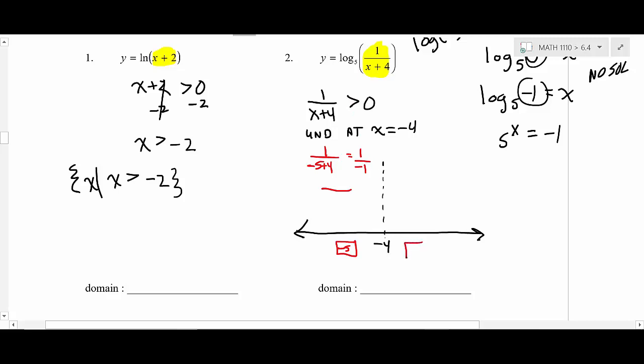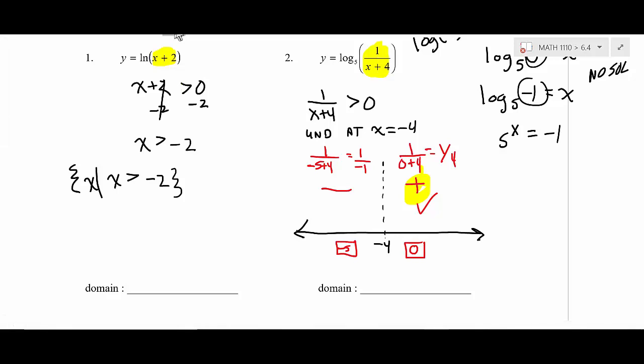Now give me a test point bigger than -4. Okay, -3, 0 is good, whatever, it doesn't matter. It'll always give the same result. Let's plug 0 in. Then you'd have 1 over 0 plus 4. That's equal to 1/4. That's a positive number, so that's what we want. We want this to be positive, okay? So what's the domain going to be based on that sign chart? From where to where?